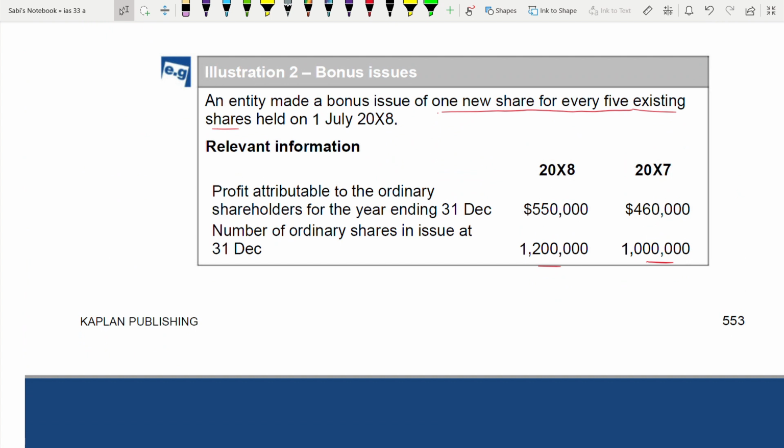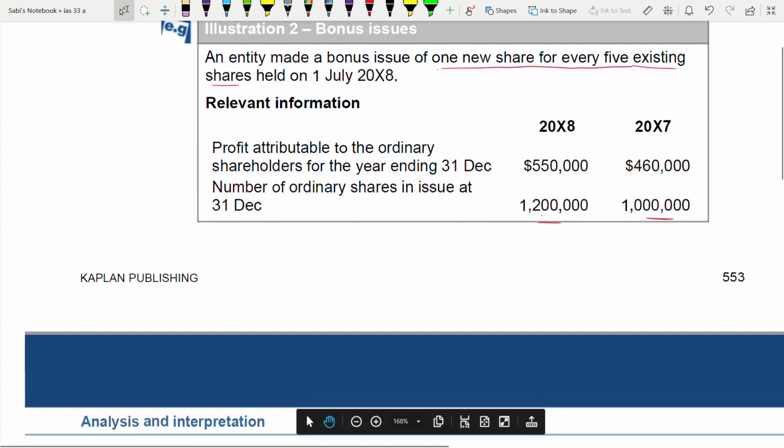If you go by basic EPS, it is 550,000 divided by, you have to find the number of ordinary shares, right? For this, there's a working that is required.